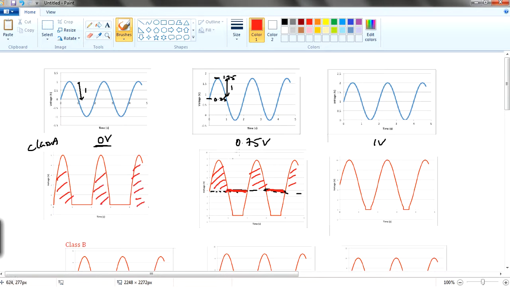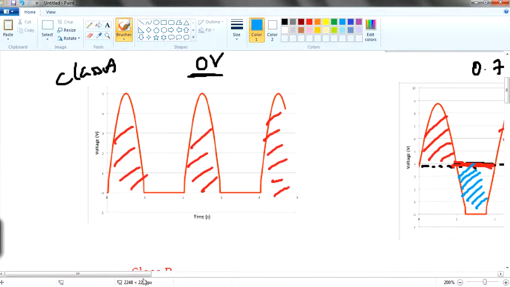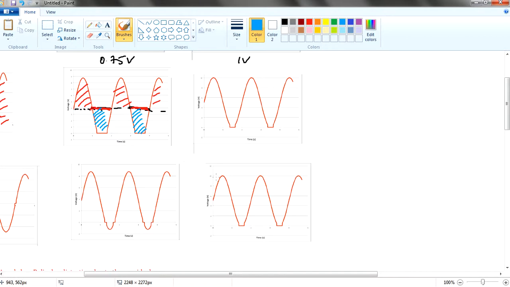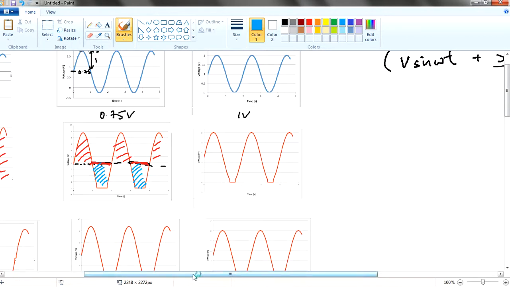So if you have a 0.75 volt biasing voltage, you can amplify this one also. You can have additional output. These are all positive now, above the 0 voltage, so they are all usable in this case.